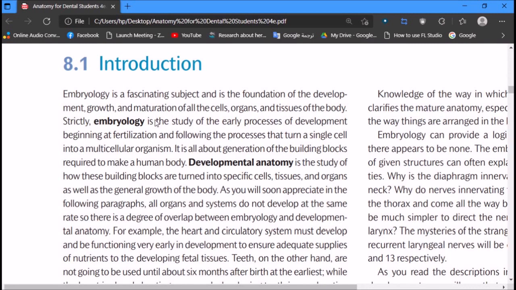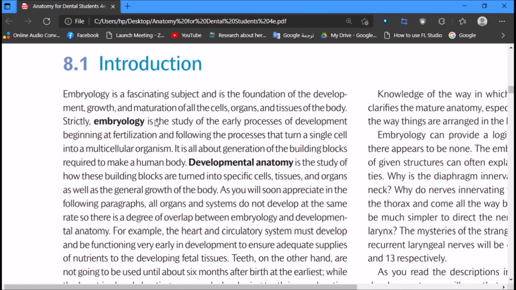Teeth, on the other hand, are not going to be used until about 6 months after birth at the earliest. While the heart is already beating away, each developing tooth is merely a tiny group of cells bearing little resemblance to a fully formed tooth.